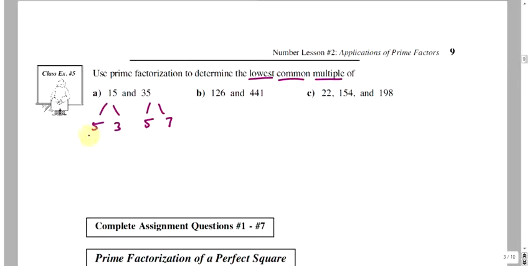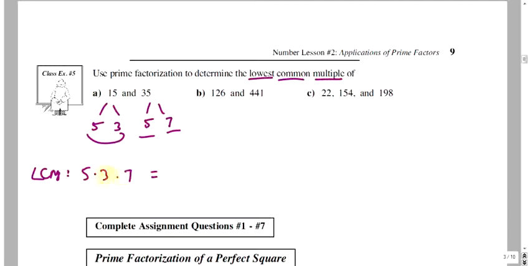For least common multiple, I take all of the numbers from one group, okay, lowest or least common multiple. Every book says something different. So 5 times 3, and then I multiply that by numbers in the other group that aren't already here. 5. Do I have a 5 in here? Yes. 7. Do I have a 7? No. So I've got to multiply that by 7.